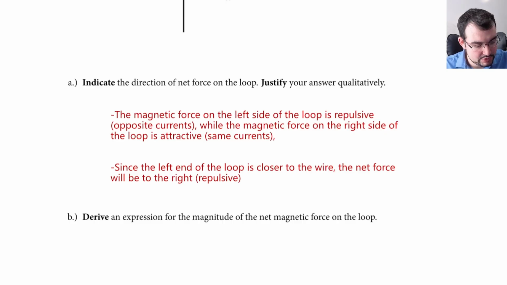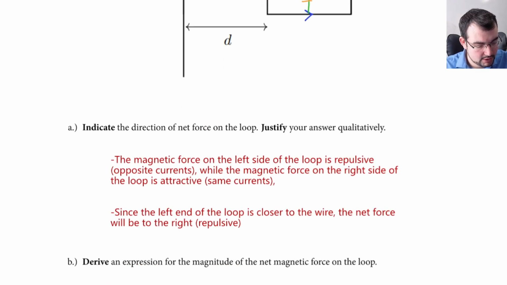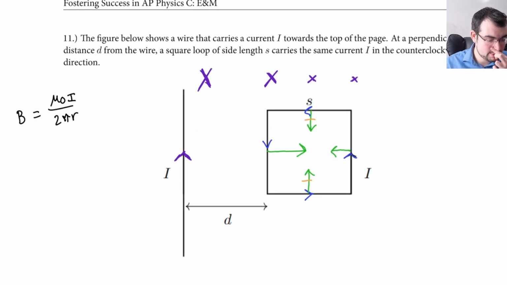It's going to be to the right, because that is the larger force. And we also could have done a shortcut of like currents attracting and opposite currents repelling. So these are opposite currents, so we get a repulsion, and these are like currents, so this is an attraction. But the repulsion is going to be larger because the opposite wires are closer together than the attractive wires.